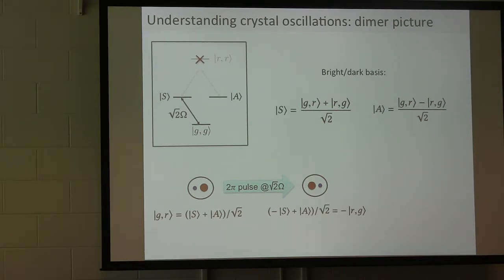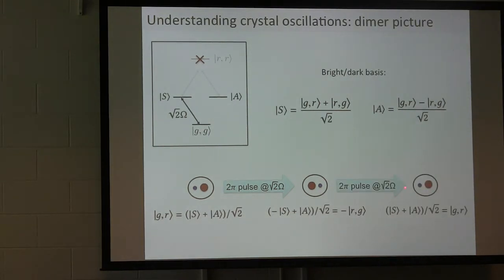My symmetric state will get a minus sign from this 2 pi pulse, and my anti-symmetric state will be unchanged. I am now in this other superposition, which has the Rydberg excitation on the left side of the dimer. So I need an extra 2 pi pulse to bring my Rydberg excitation back to its initial position.